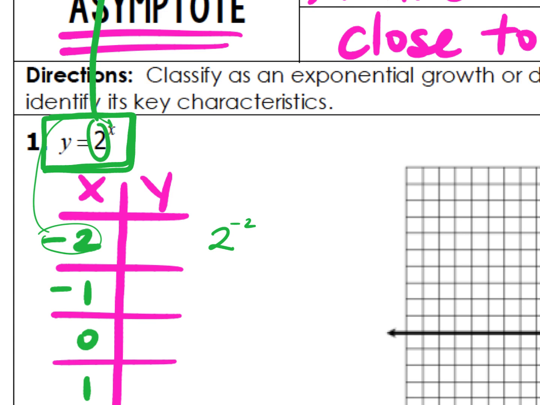So if you plug this into your calculator, 2 to the -2nd power, what does your calculator tell you right now? Error. Really? It shouldn't. Did you do the negative or the minus? The negative button. So you're going to go 2 and then hit this little caret button and then the negative, not the minus, and then 2.